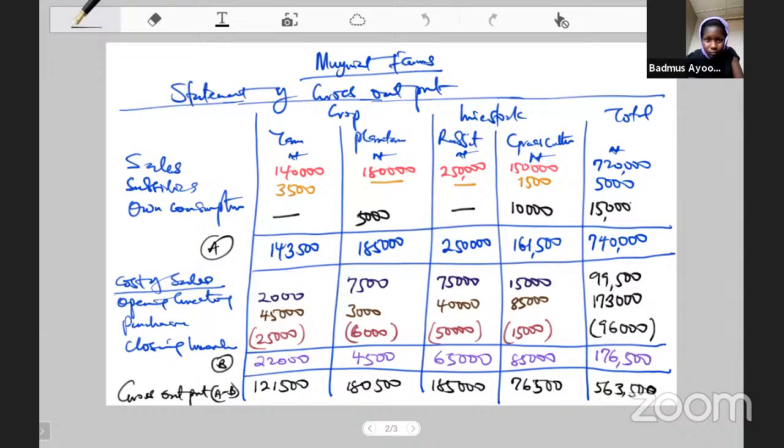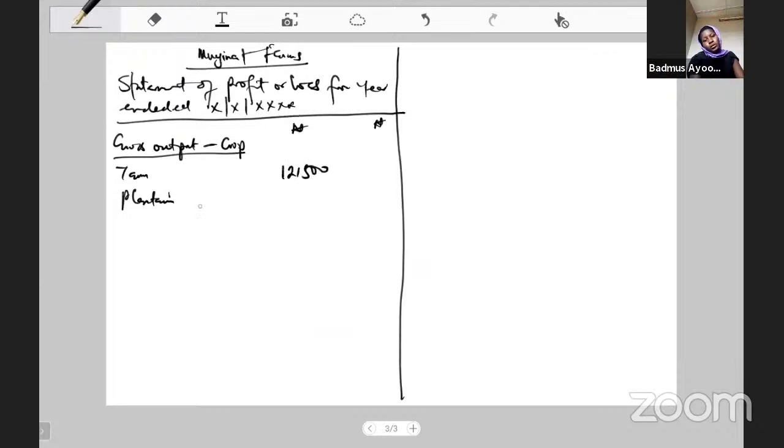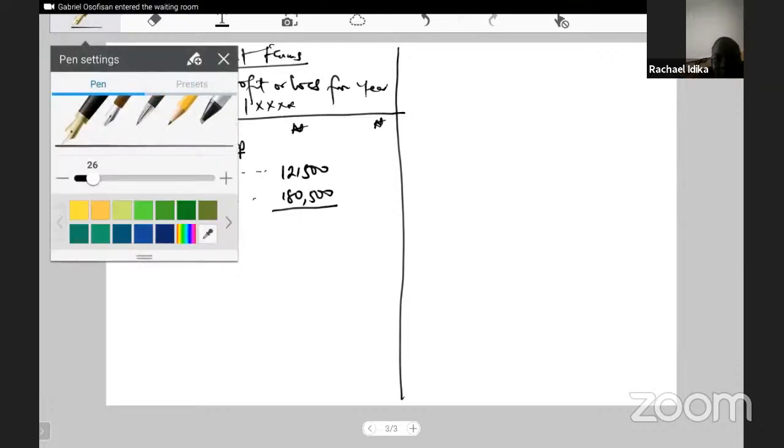And what's the amount for plantain? 108,500. So the addition of the two will give you what? 302,000.